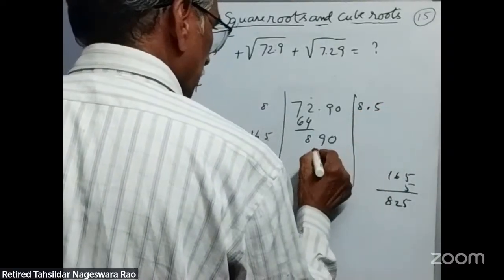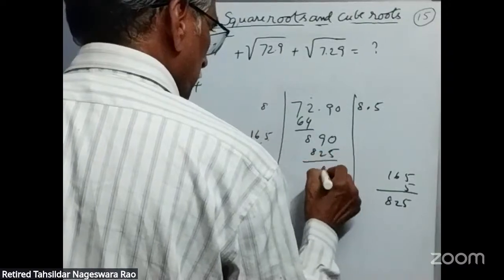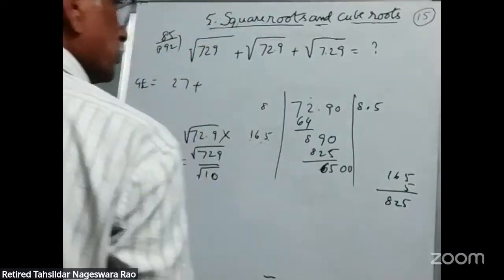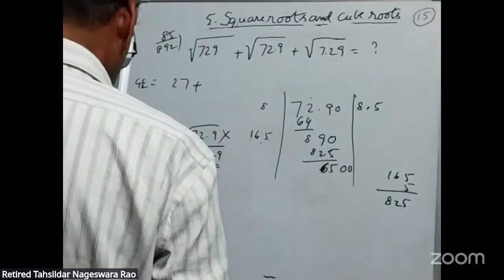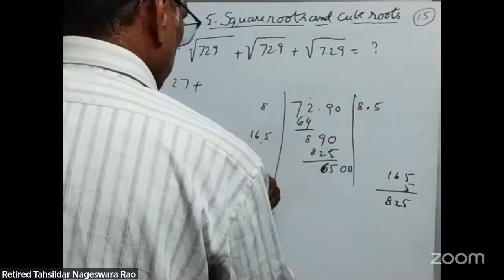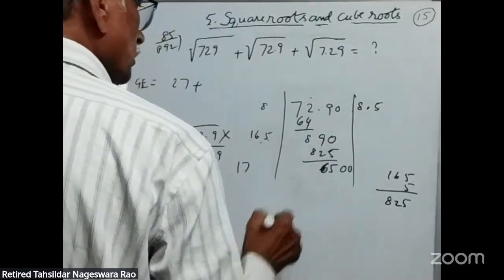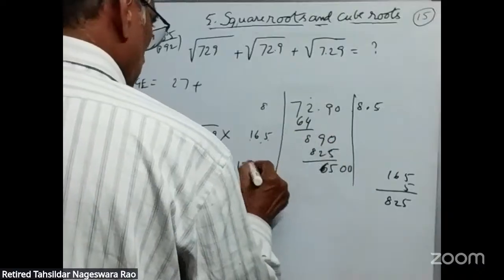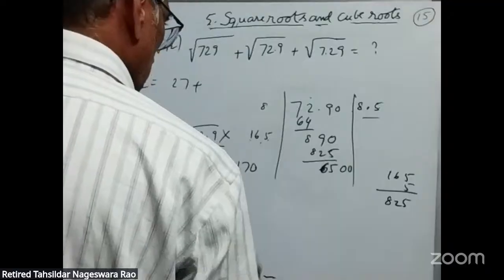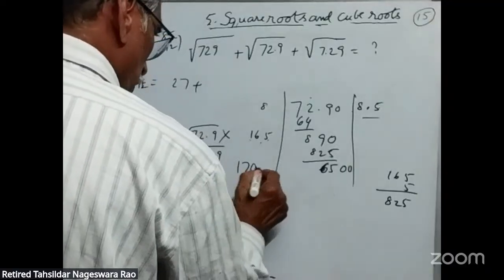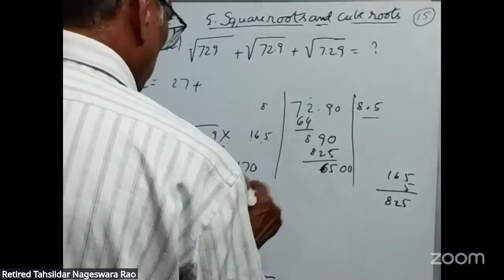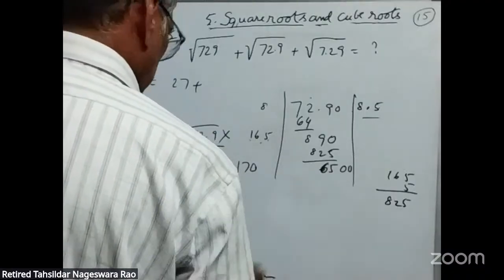Remember. 825. 65. Again 2 zeros. This is 17. 170. Double of this. If it is 1, 1700. So 3 times 5000 added.